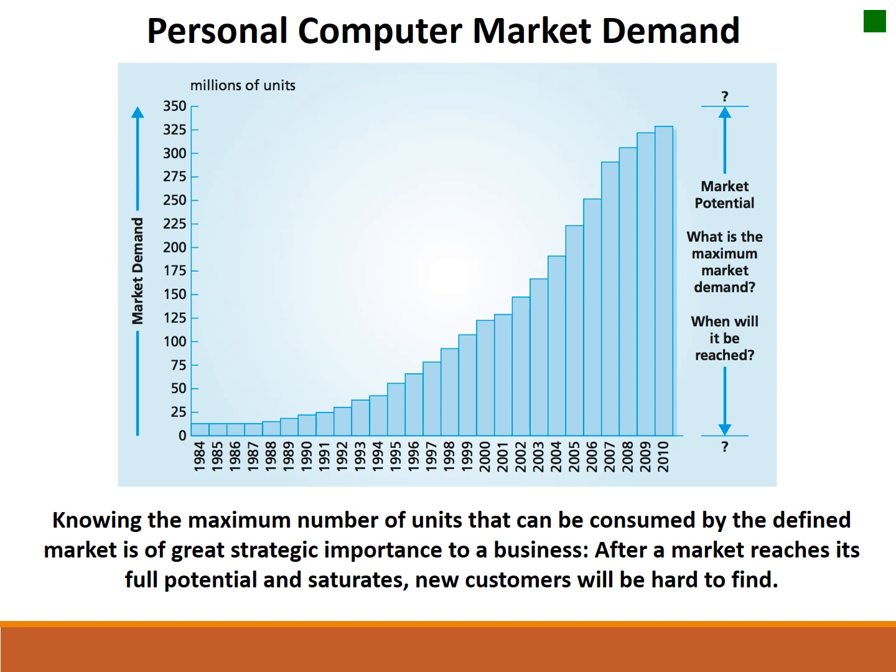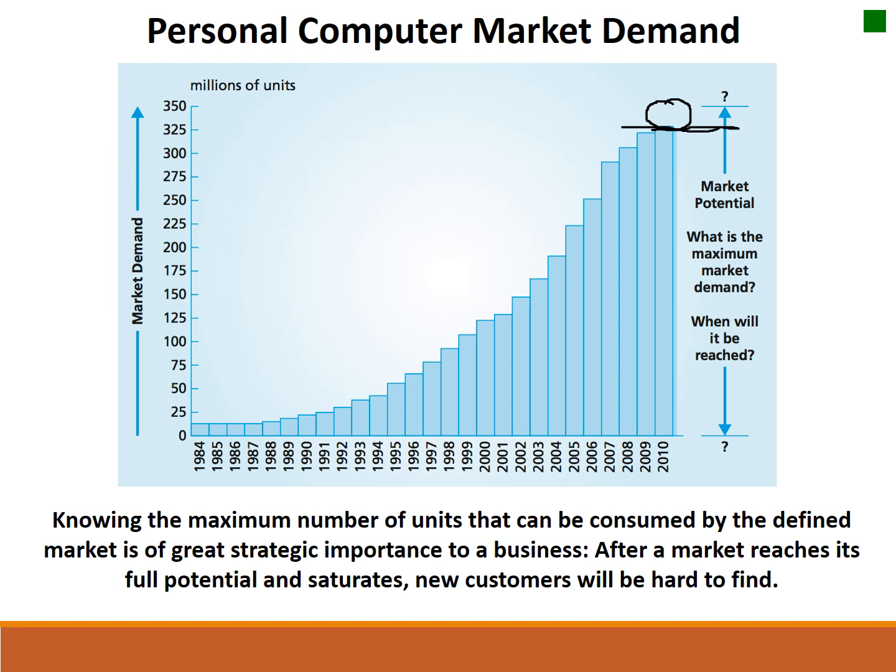And right now, it does not appear as though the market is completely saturated. It appears as though there's still some potential left to be had, and that overall current demand is somewhat less than what the eventual potential for the product category would be.